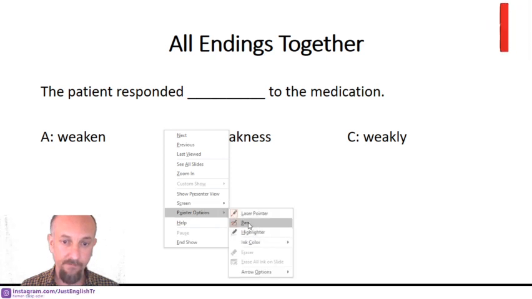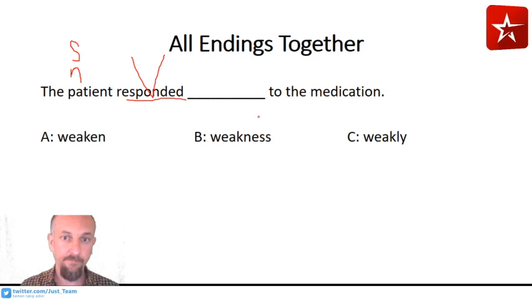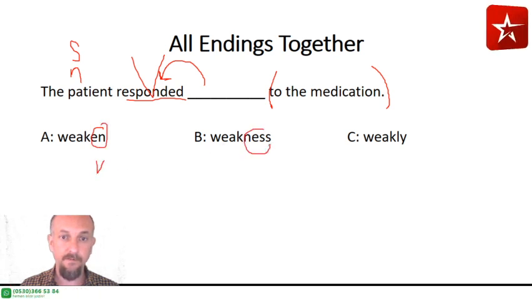Well, let's have a look at the structure of the sentence. Let's see if I can maybe give you some clues. We've got the noun here, which is in the subject position. Here we have the verb, responded, and then we've got this prepositional phrase here. So we need something which is going to relate to the verb. Weaken, en, that's for verbs. Ness, we know for noun things. And then we've got ly, which is an adverb.